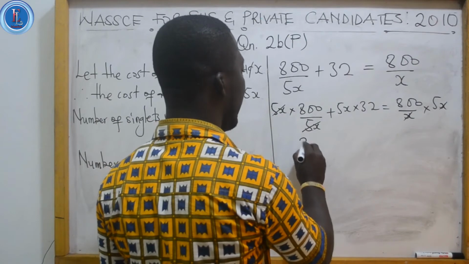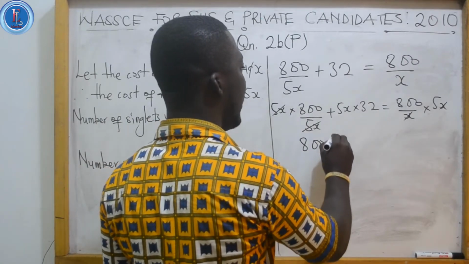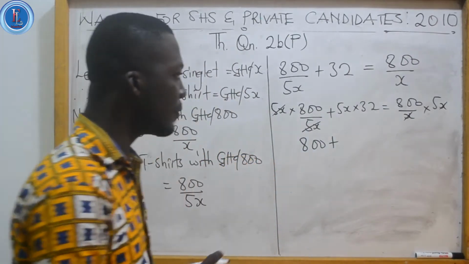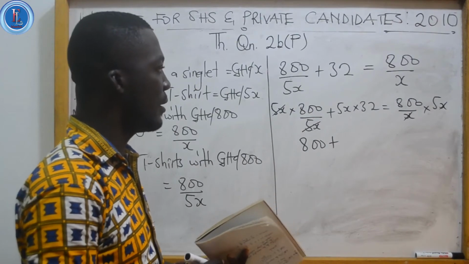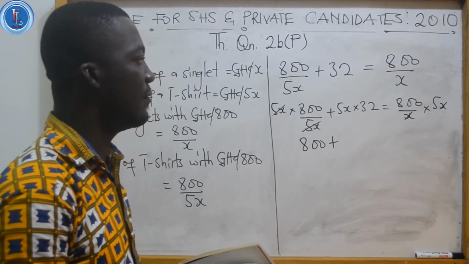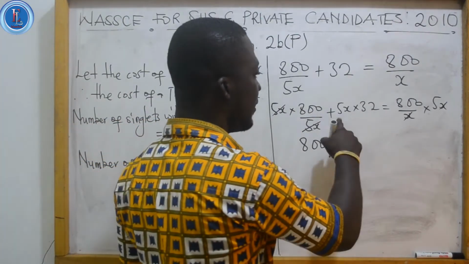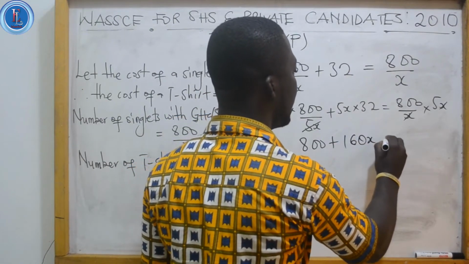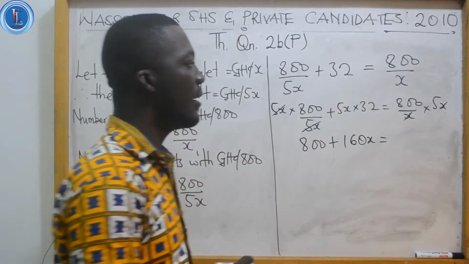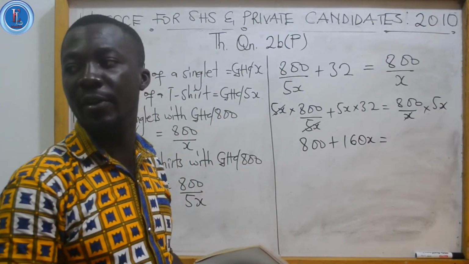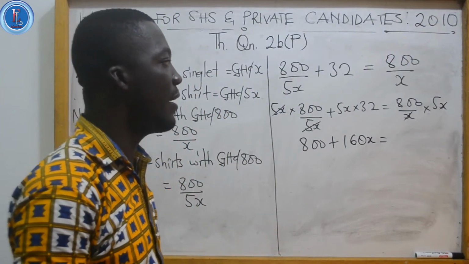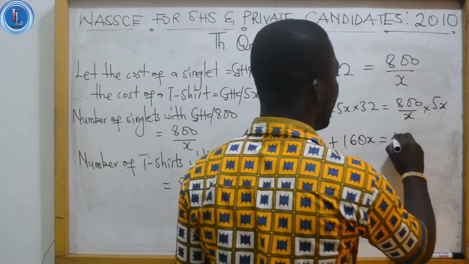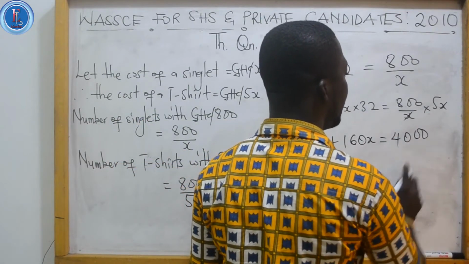800 plus 32 times 5x, you get 160x. x is equal to 800 times 5, 8 times 5 is 40, then you add the 2 zeros.